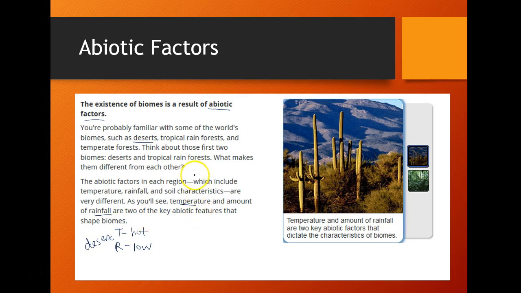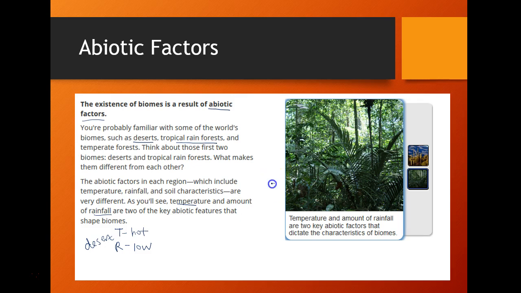But if we looked at another type of biome, like a tropical rainforest, like that we see right here, the temperatures are probably going to be more warm, but the rainfall is going to be very high. So there's going to be constant rainfall throughout the year.